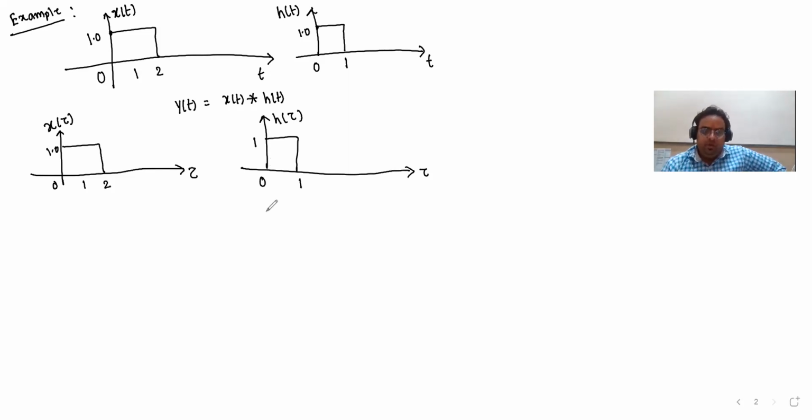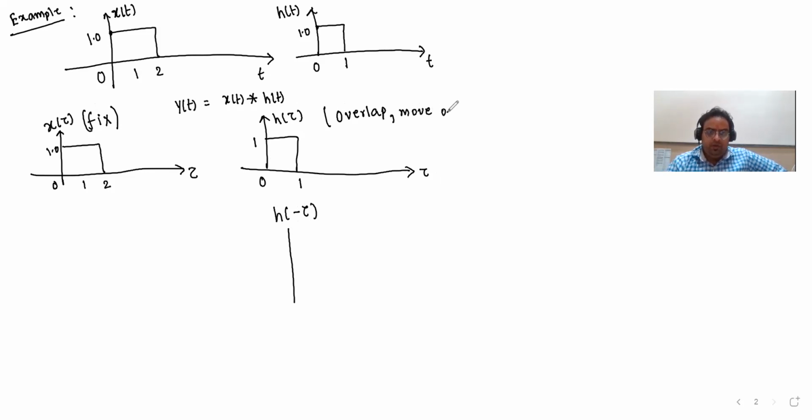Now the second thing what we do, we basically do the time reversal of this. The first signal we'll fix, and this one we will overlap or move over x of tau. That is what we are going to do.